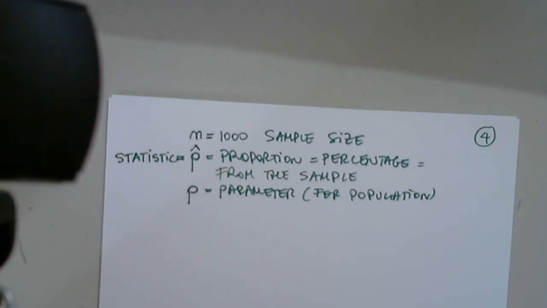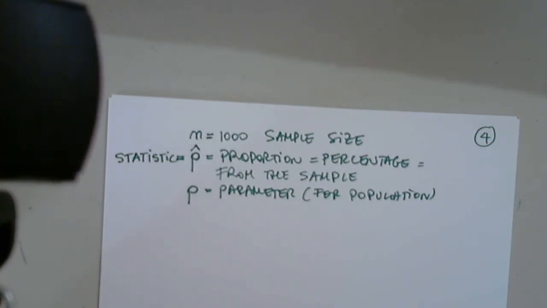Would it be B? If I choose B, then this has to be the entire population, right? The population is the 1,000 adults surveyed. That's not the population. The population is the entire country.